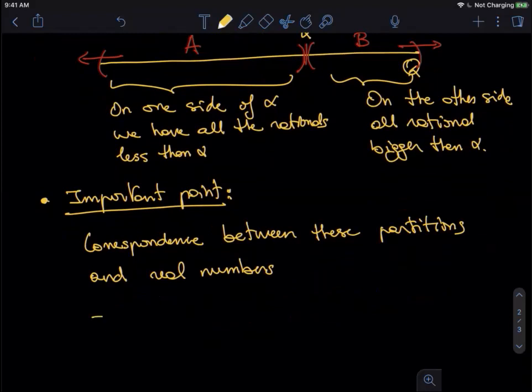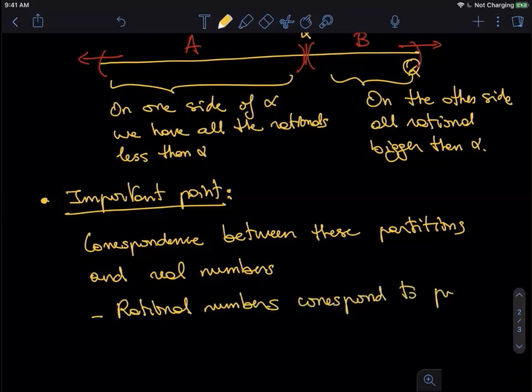Maybe we partition in a rational number. Okay, so rational numbers correspond to partitions that contain a largest member.